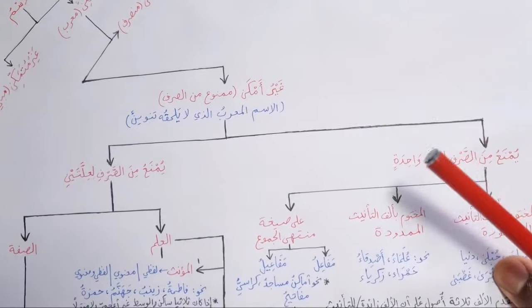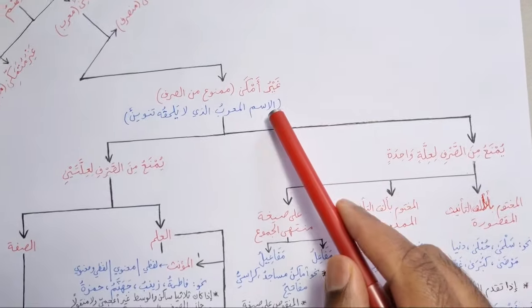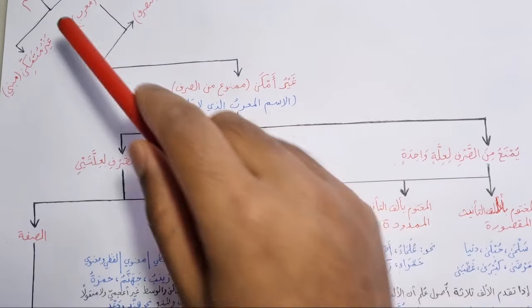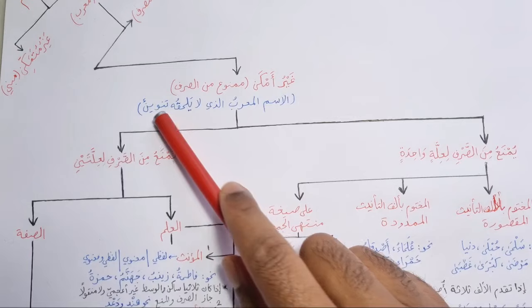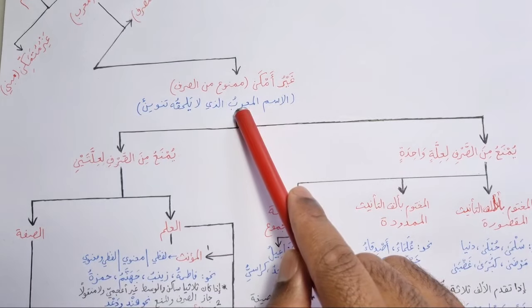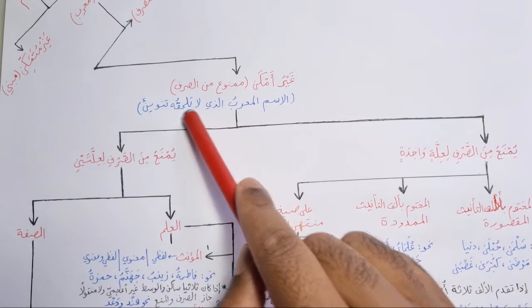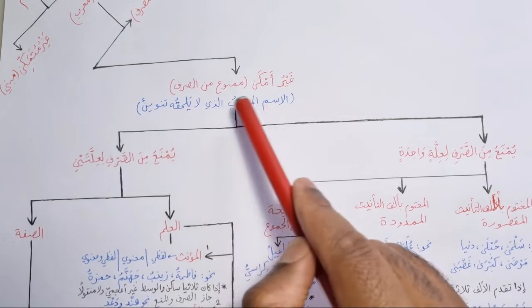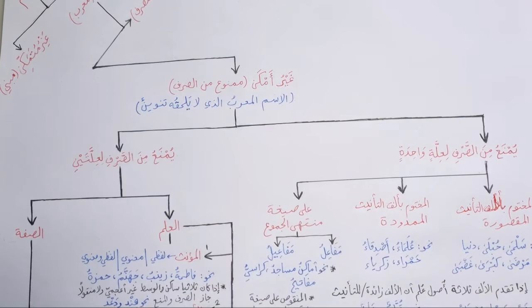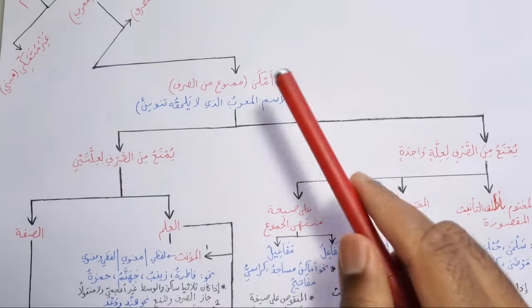Okay. So what's the definition of mamnu' min as-sarf? We should understand that the mamnu' min as-sarf is الاسم المعرب الذي لا يلحقه تنوين. It is the mu'rab noun which does not accept tanween in its ending, is not followed by tanween. This is the definition of the ism which is mamnu' min as-sarf.